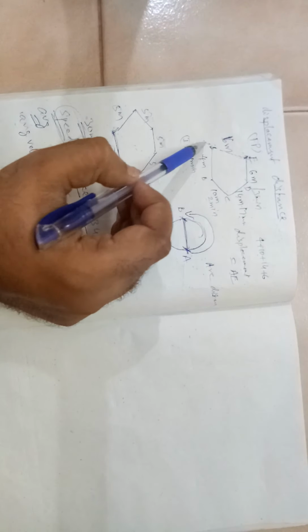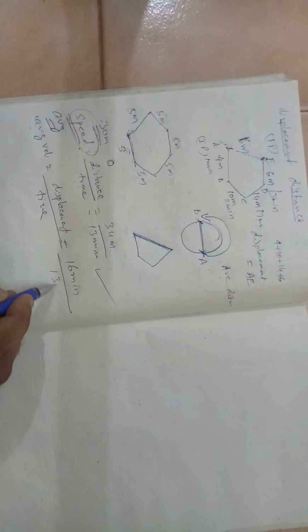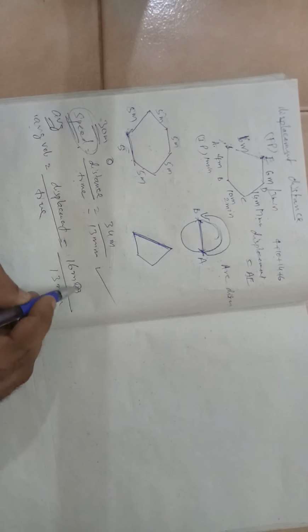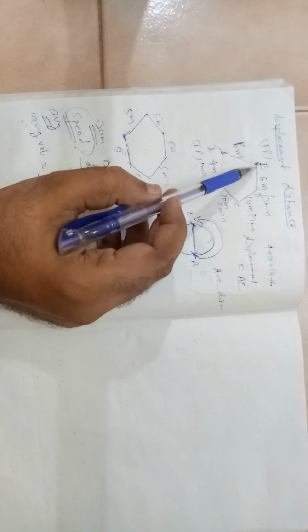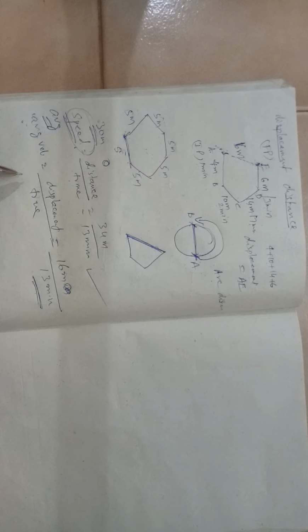Did I say that he has come back from this point to this point? So the time will be 13 minutes. So average velocity will be 16 meters divided by 13 minutes. This is the average velocity. Had this person come back from A to E to A, then average velocity is equal to 0.